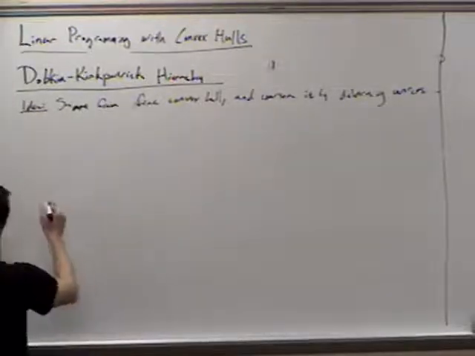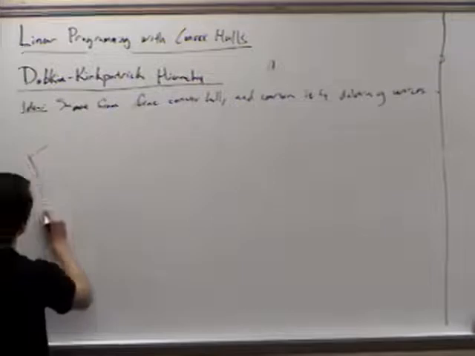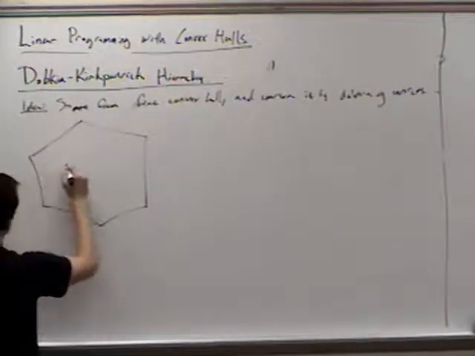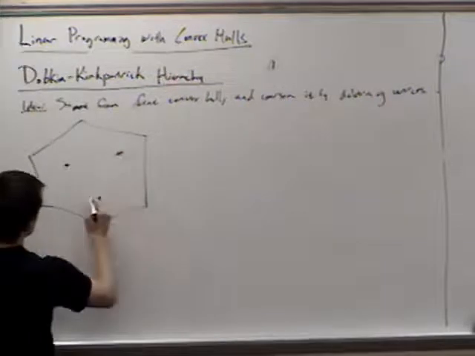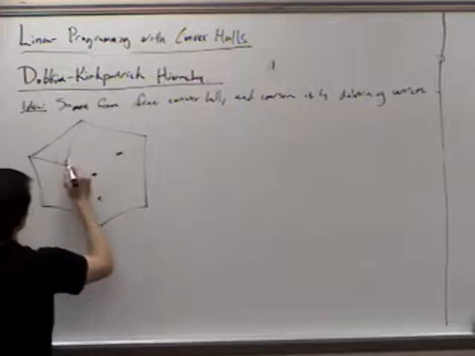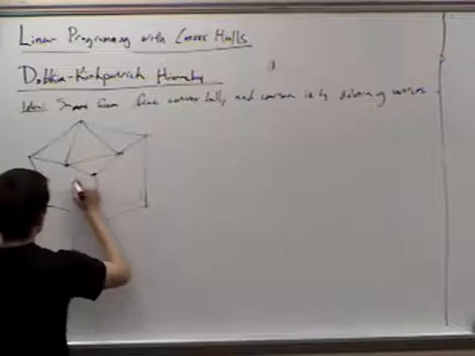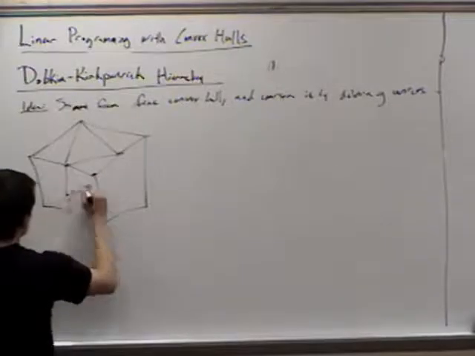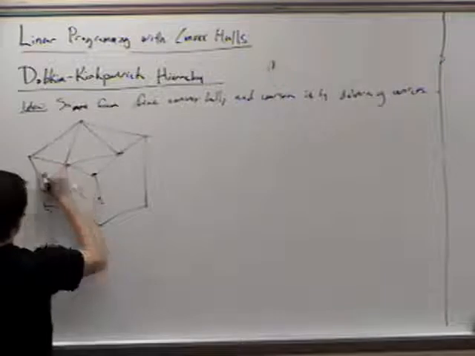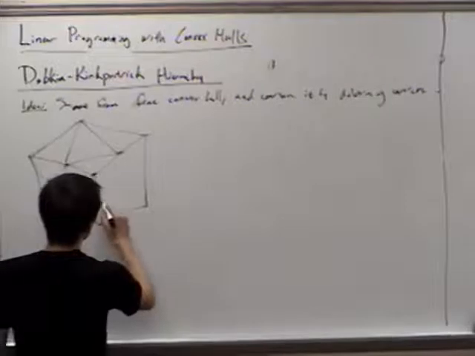So here's sort of a picture. Imagine that this is just a little chunk of a convex hull that I'm drawing here. So maybe I have something that looks like this. Put a vertex here, here, some here. Let's put another vertex right there. Maybe I've gotten a little carried away here.